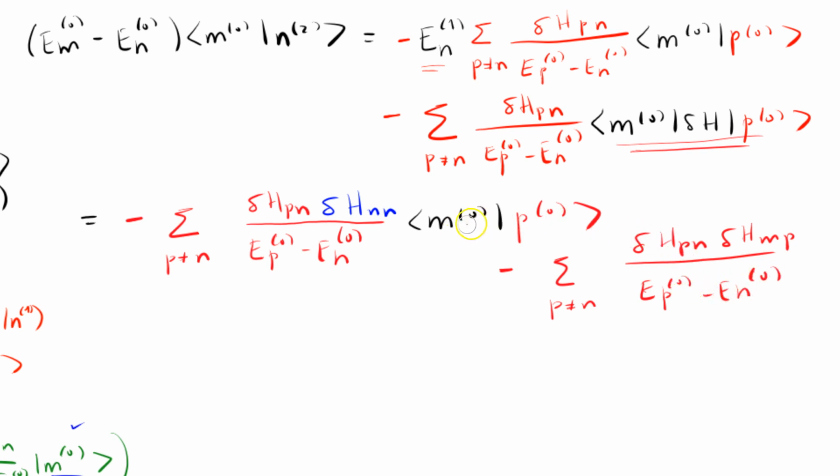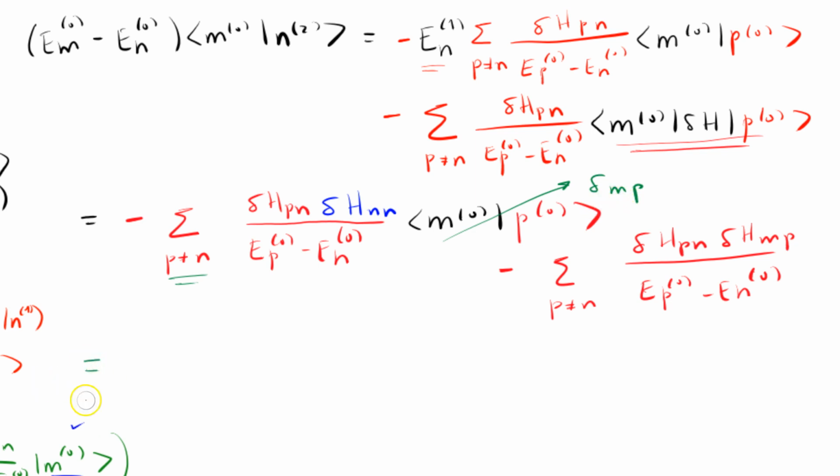Now notice this guy right here. What is this? This is nothing more than delta m p, right? They're orthogonal and they are normalized. So basically this sum truncates to only when p equals m, right?